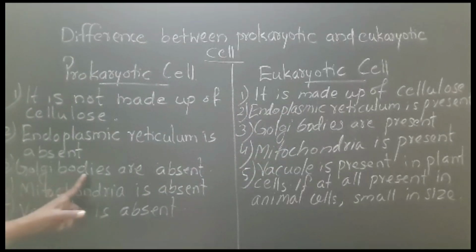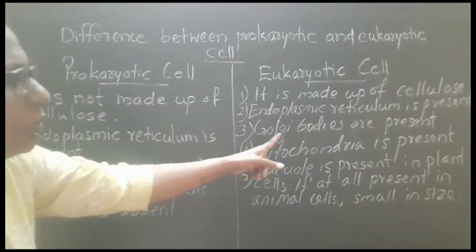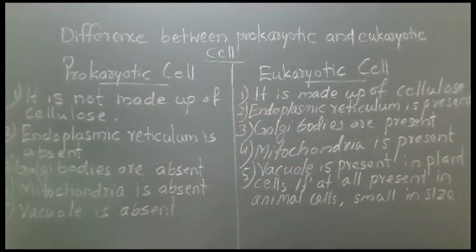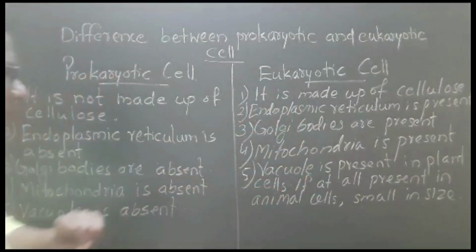Third one, Golgi bodies are absent in prokaryotic cell. Golgi bodies are present in eukaryotic cell. Then fourth point, mitochondria is absent in prokaryotic cell. Mitochondria is present in eukaryotic cell.